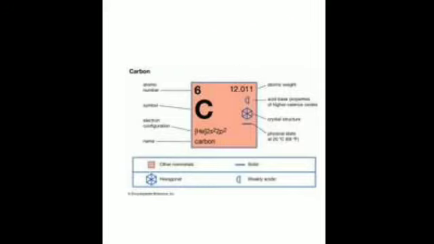So all the three, that is protons, neutrons and electrons, are 6 in number, and it shows a valency of 4 because it has 4 electrons in the outermost shell. Is it clear?